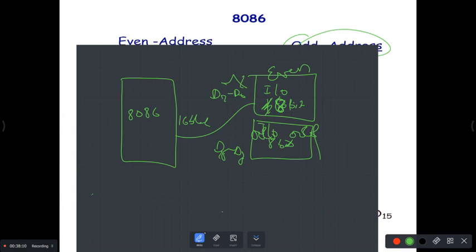So I can read both data through D15 to D0.